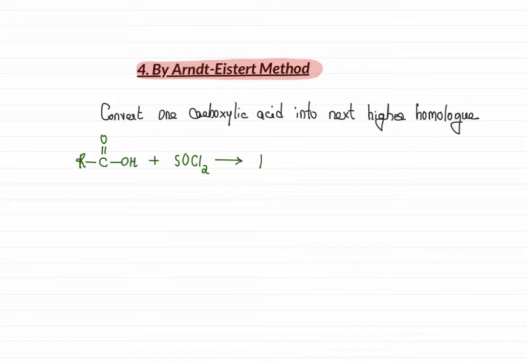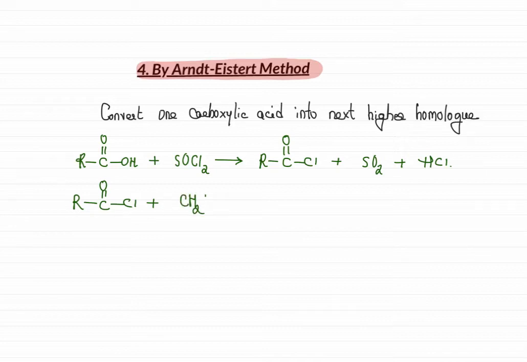We can get this RCOCl plus SO2 plus HCl. Now this RCOCl is made to react with CH2N2. This CH2N2 is called diazomethane.